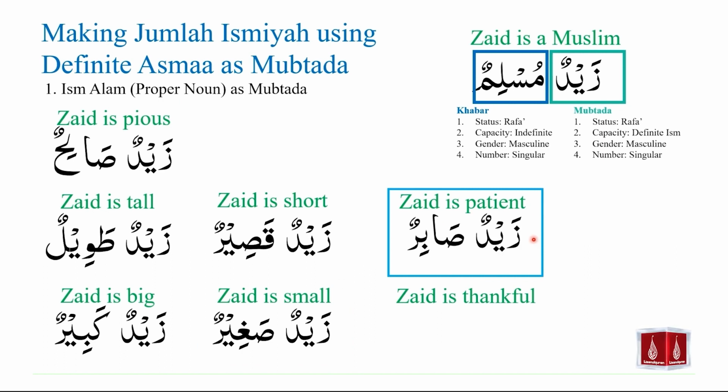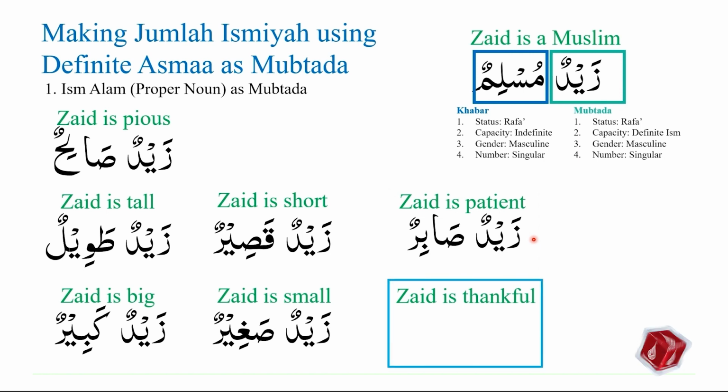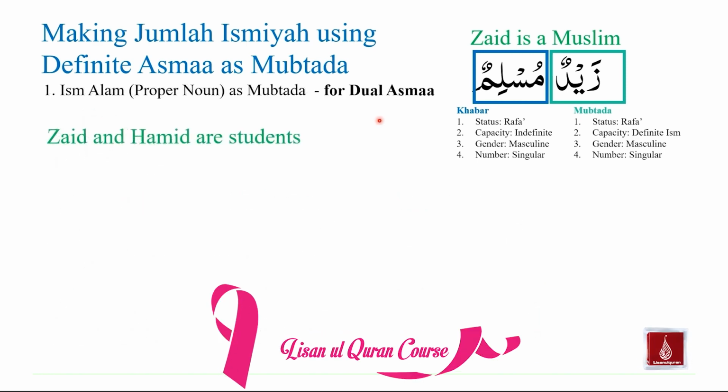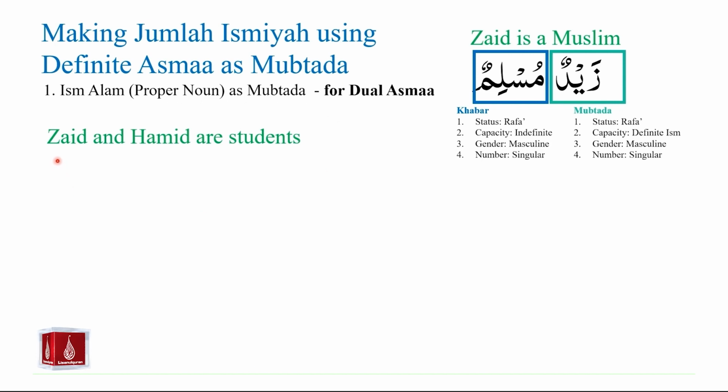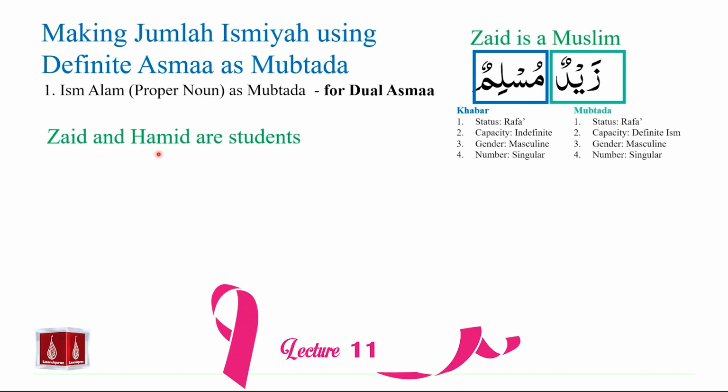Zaid is patient. Zaidun sabirun. Zaid is thankful. Zaidun shakirun. Next we will study how to make jumla ismia using dual asma as mubtada. For example, we have the sentence Zaid and Hamid are students.